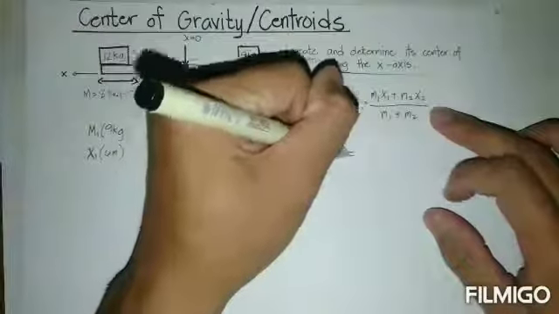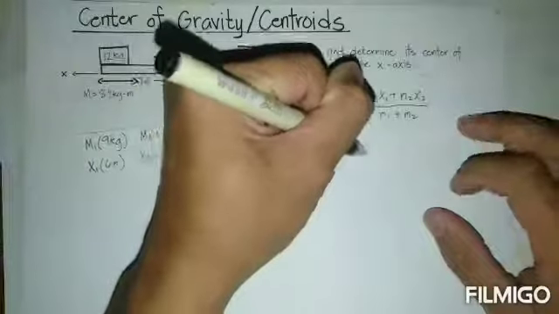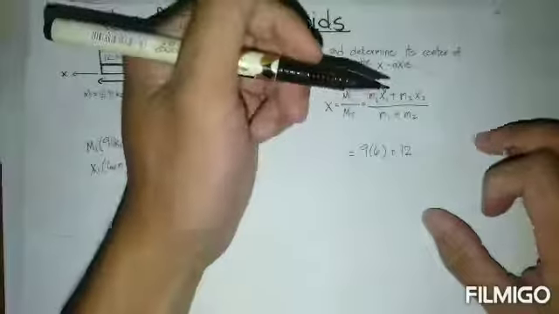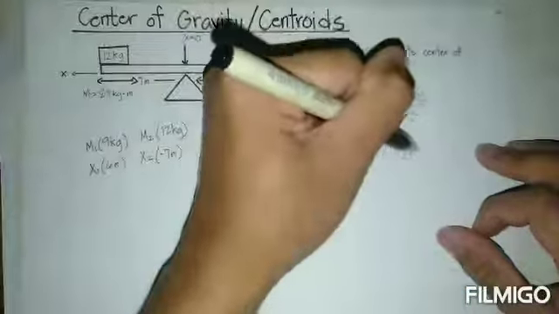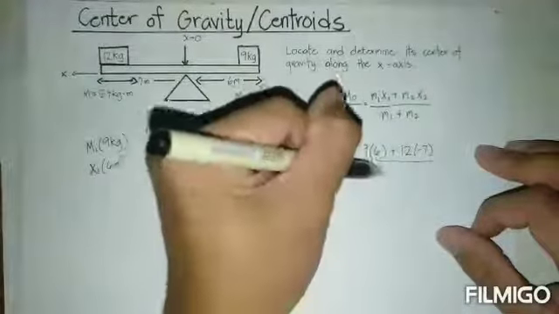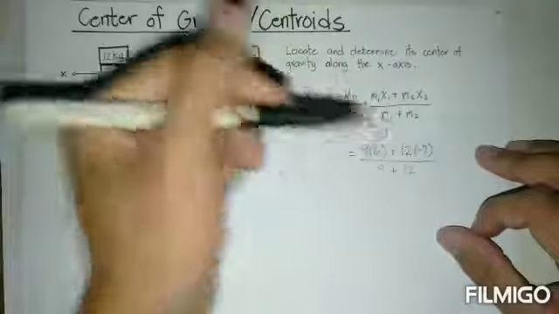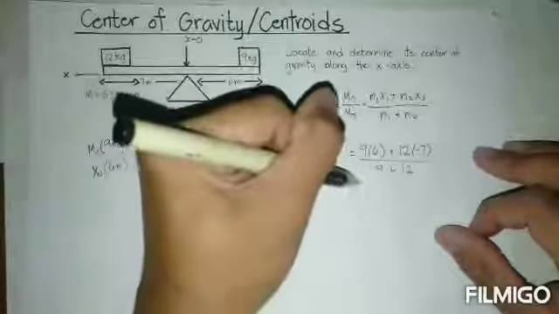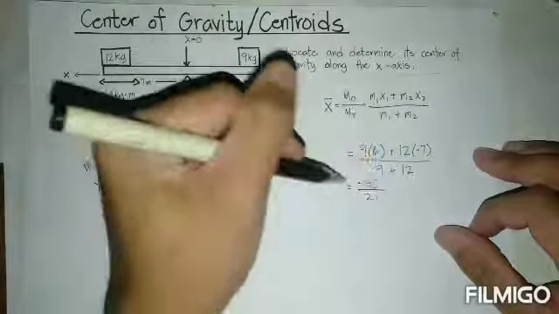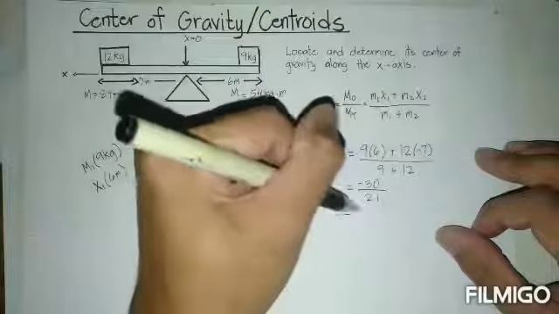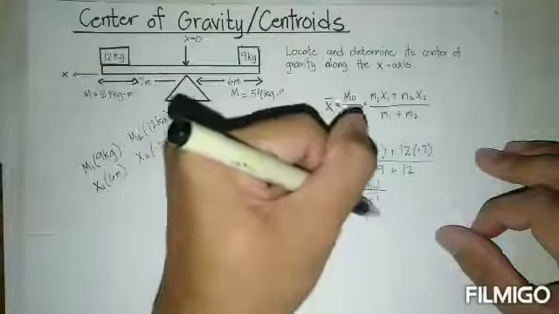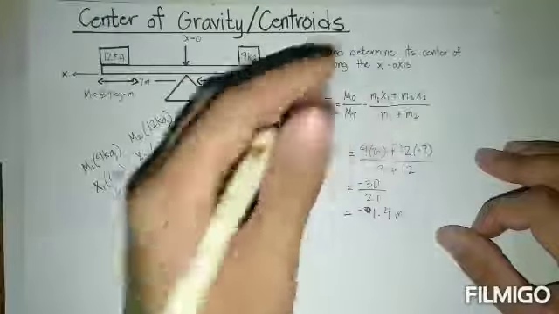It equals M1, 9 times 6 plus 12 times negative 7, all over 9 plus 12, equals negative 30 over 21. The total result is negative 1.4 meters.